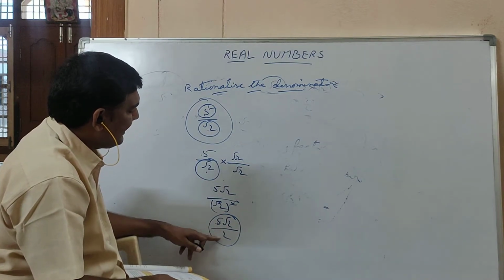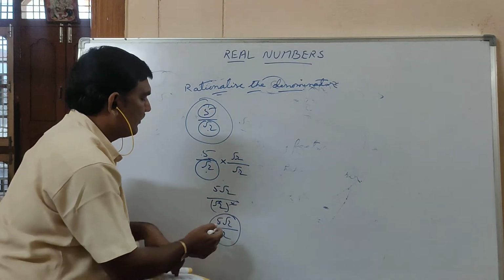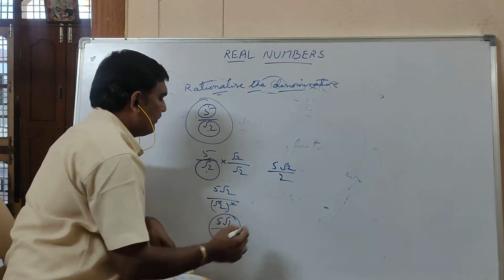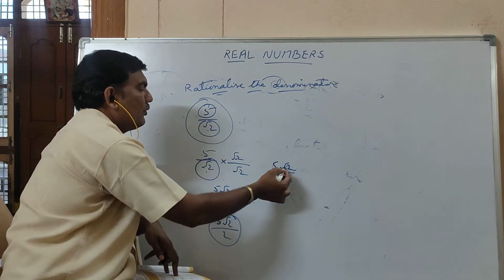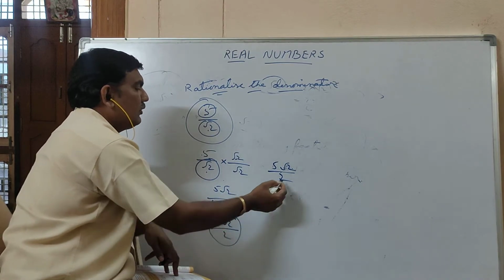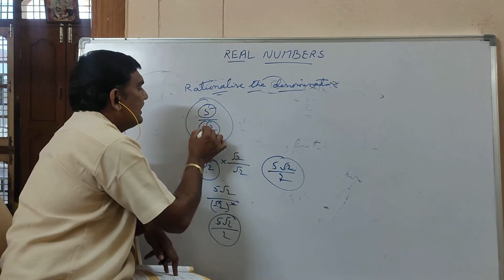In the answer, in the denominator, do you have any irrational number? No. If you are unable to see, I'll write here. 5 root 2 by 2. See here, 5 root 2 by 2. Root 2 square is 2. Square root will be cancelled, 2. So in the denominator, you are not seeing an irrational number.